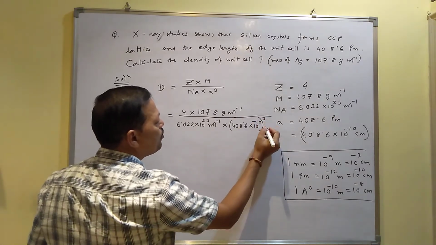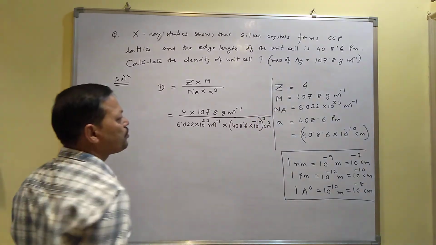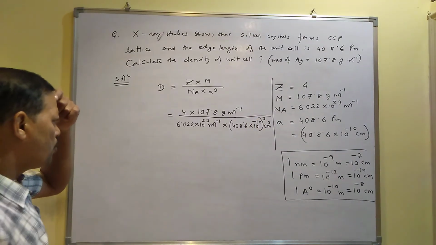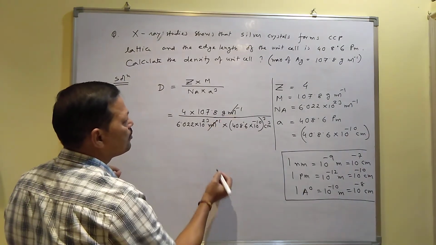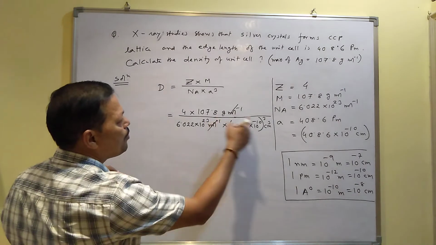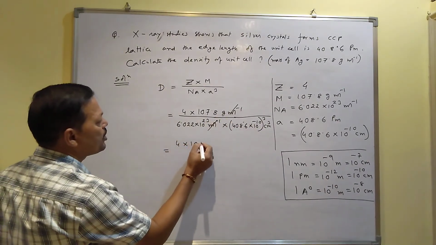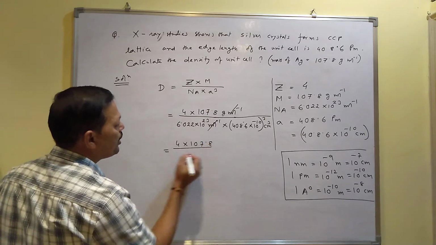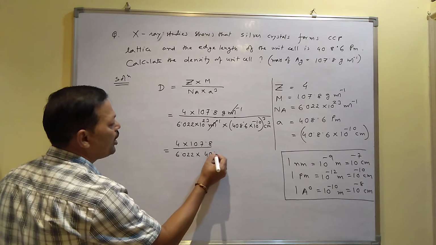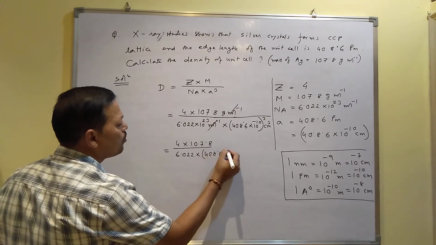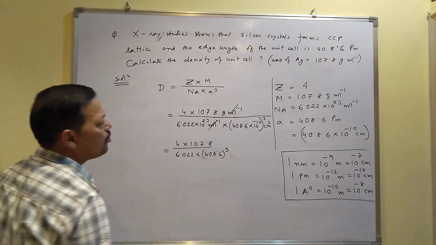It should be whole cube. Unit goes to centimeter cube. So per mole will be cancelled. Unit remains gram per centimeter cube. That means 4 into 107.8 divided by 6.022 into 408.6 whole cube into 10 to the power, how much remains?